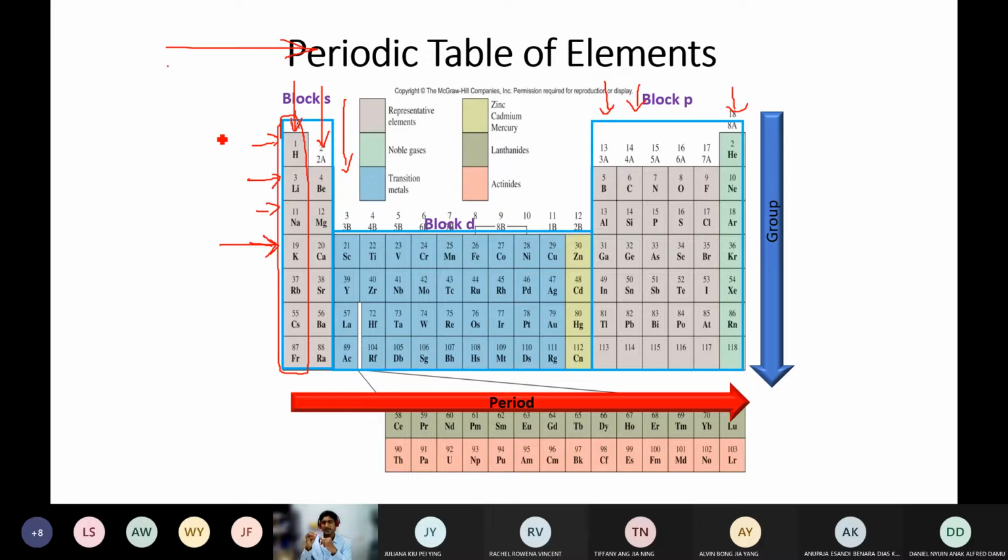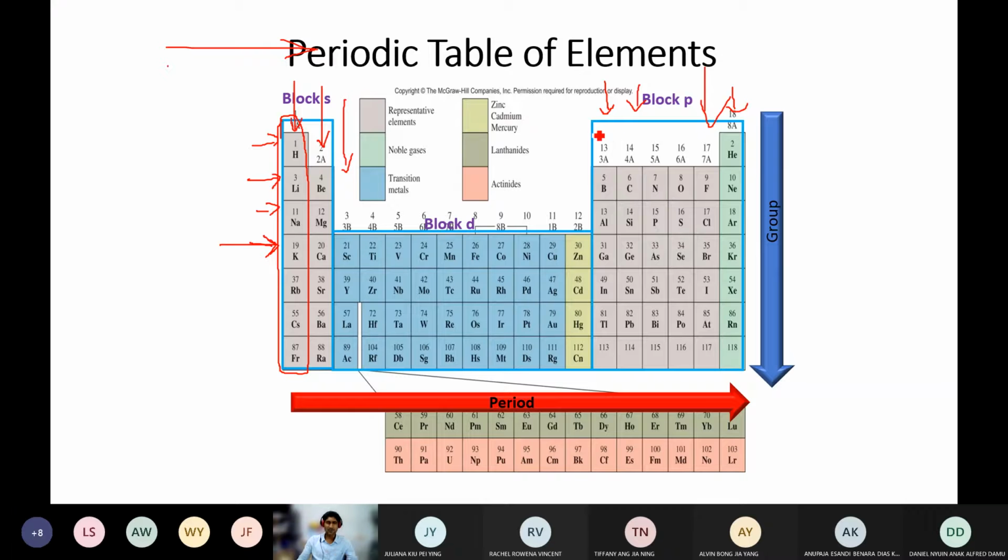And this S, P, and D naming came from the outer orbital, that is their valence electron shell. The last orbital they have is P for those elements here.